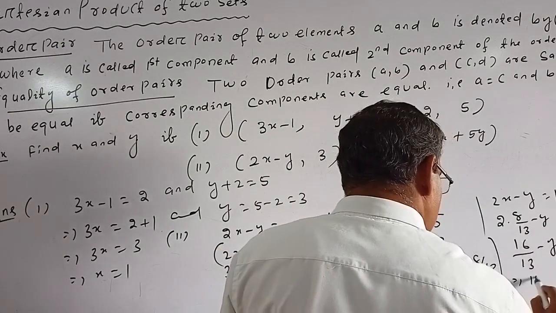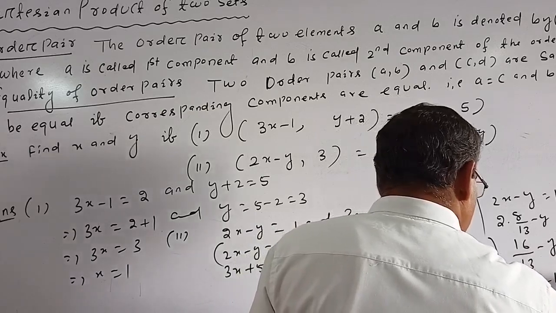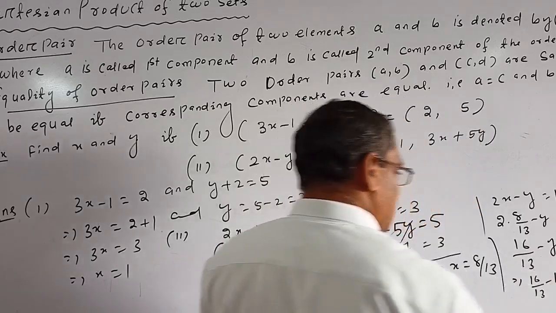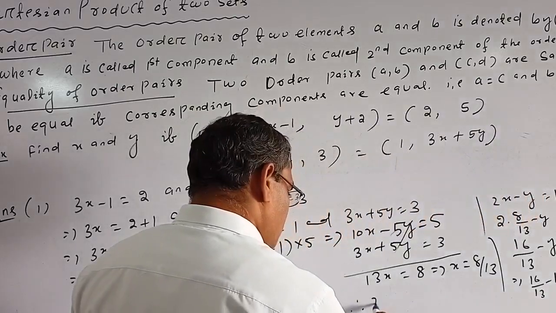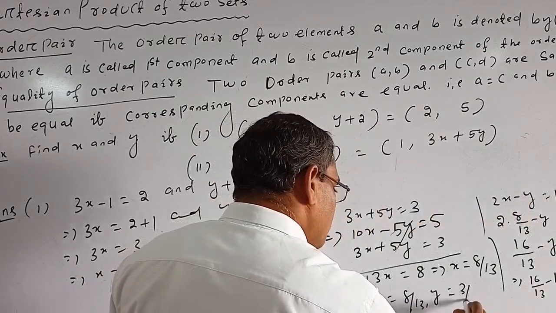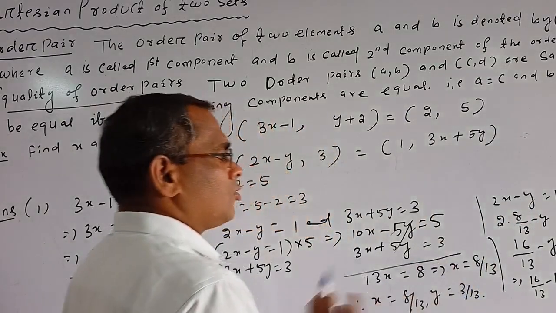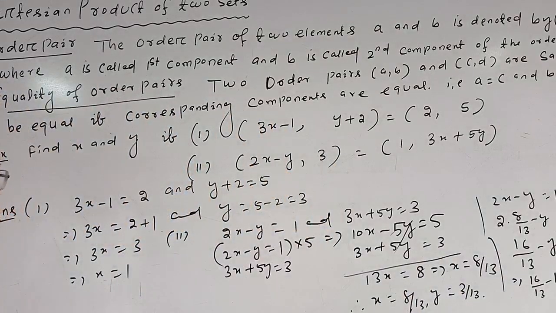That implies 16 by 13 minus 1 is equal to y. That implies y is equal to (16 minus 13) by 13, that is 3 by 13. Therefore x is equal to 8 by 13 and y is equal to 3 by 13. Okay. So by equating two ordered pairs, you have to find the values of x and y.